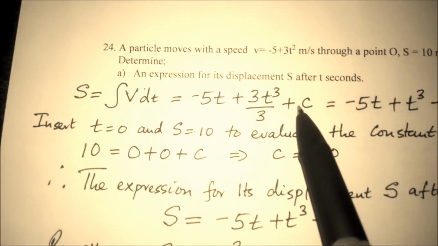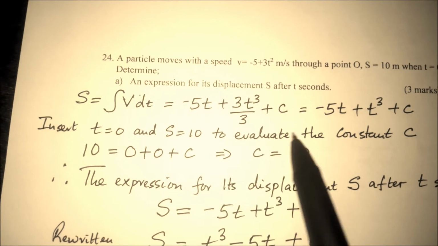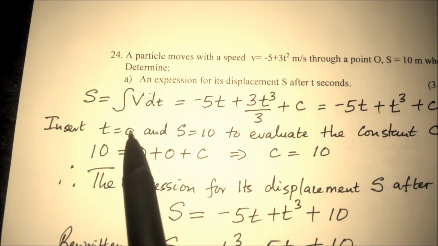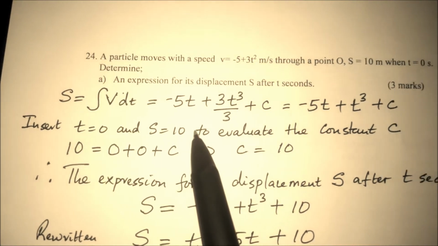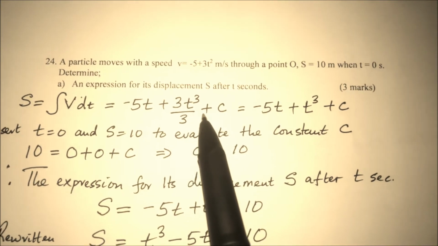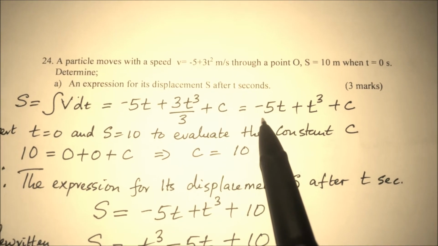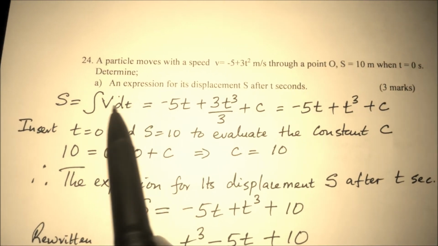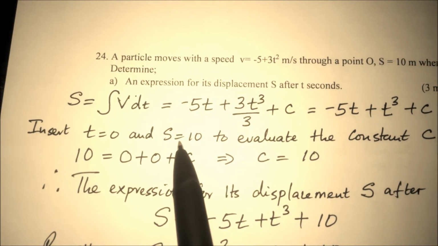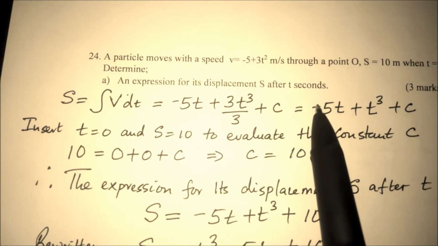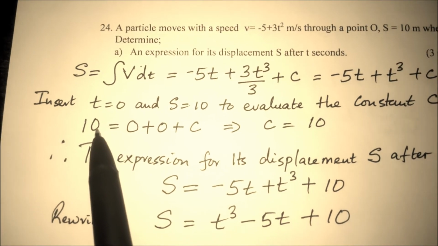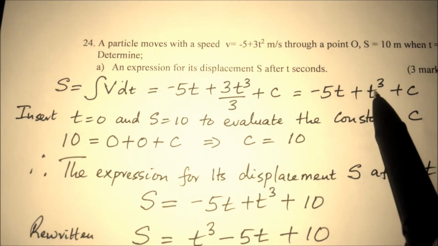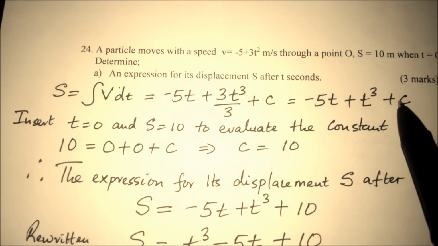Now, if you want to get c, you insert the values t equals 0, s equals 10 into the integral equation, -5t plus t power 3 plus c, and you equate that to s. So s equals 10 when t equals 0. We have 10 equals -5 into 0 plus 0 cubed plus c, right?